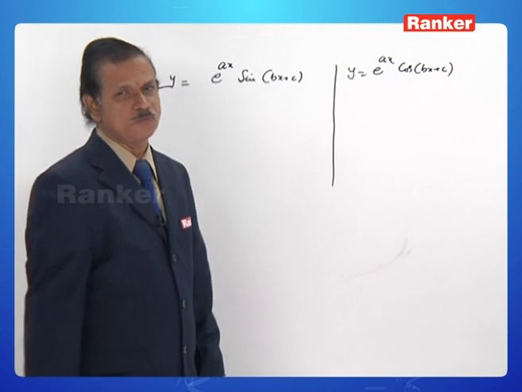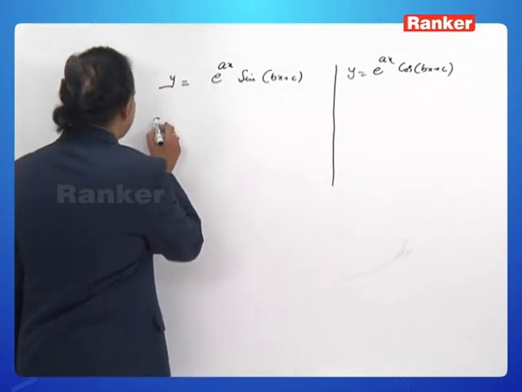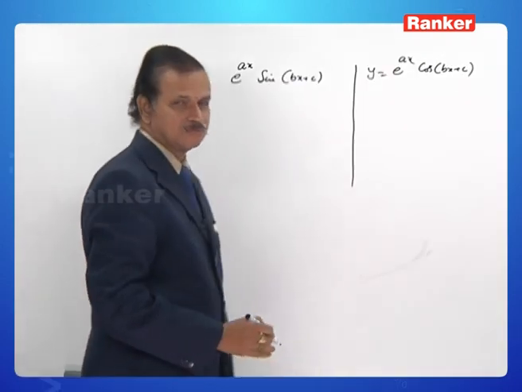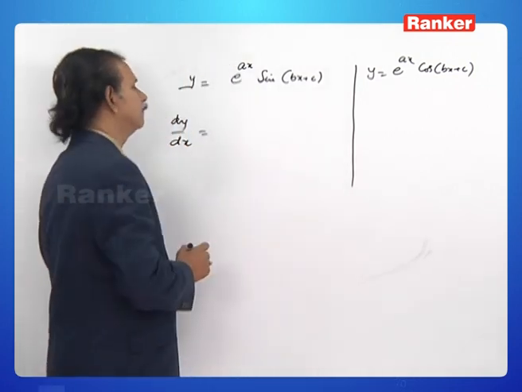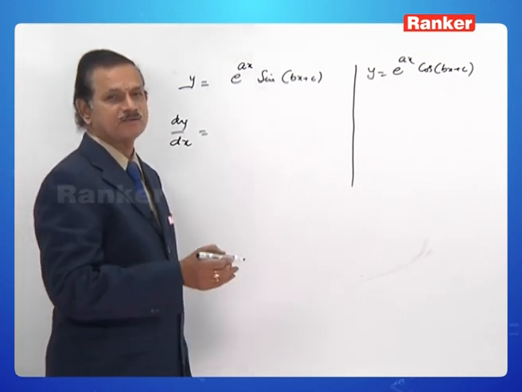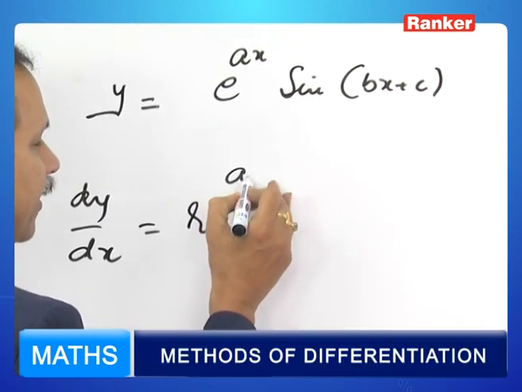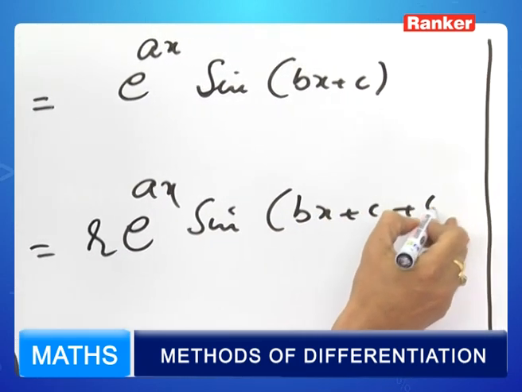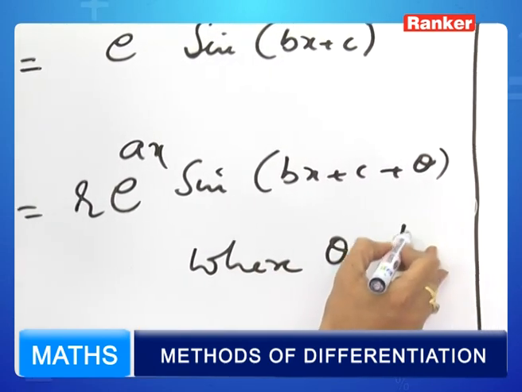They behave in a similar way in view of results and formulas. Look here, if you want just the derivative dy by dx, you are supposed to use the uv formula, and it can be done by taking a is equal to r cos theta and b is equal to r sin theta. The simplification becomes very simple, so that it is r into e power ax into sine of (bx plus c plus theta), where theta is tan inverse b by a.